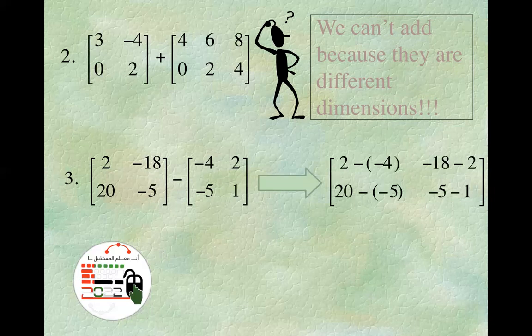So basically, 2 minus -4, which is 2 plus 4 equals 6. -18 minus 2 equals -20. 20 minus -5, which is 20 plus 5 equals 25. -5 minus 1 equals -6.